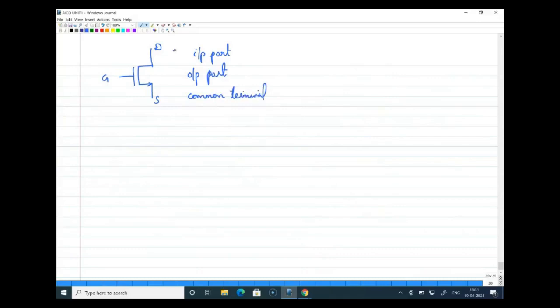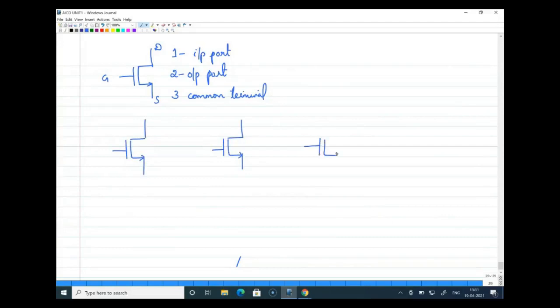So one will act as input port with respect to a common terminal, another terminal will act as output port with respect to a common terminal, and the third one will be the common terminal, right?